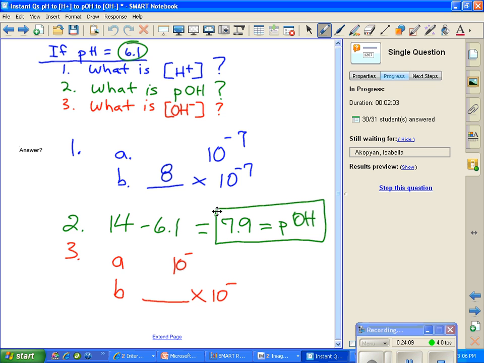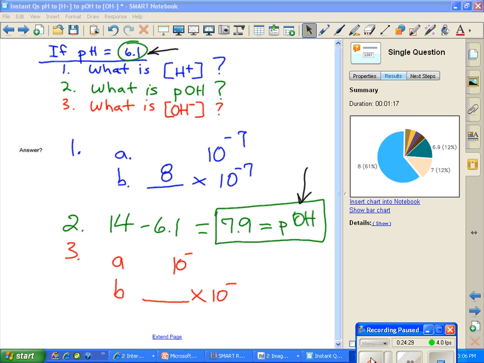If we anti-log the pH, that's going to give us the hydrogen ion concentration. But here we're going to anti-log the pOH to get the OH concentration. Good time to pause.